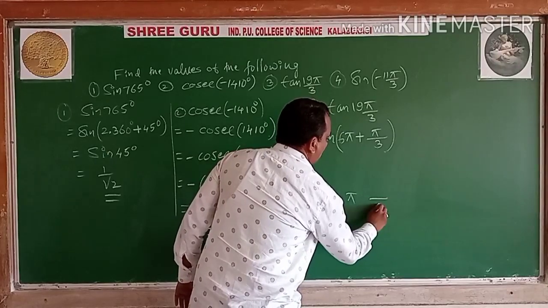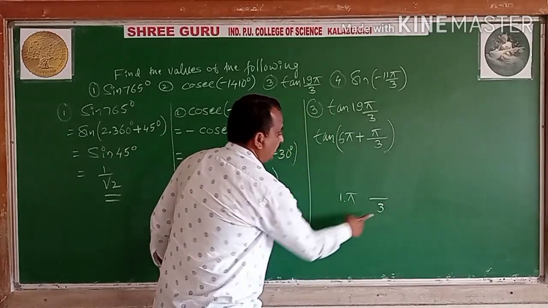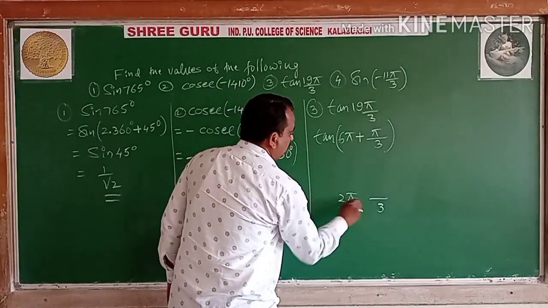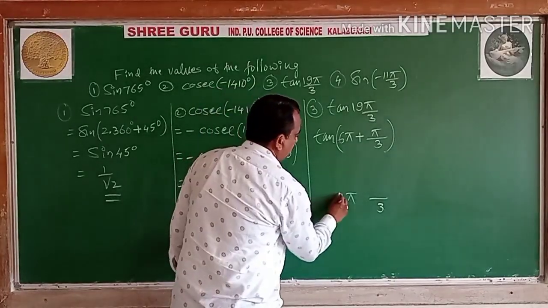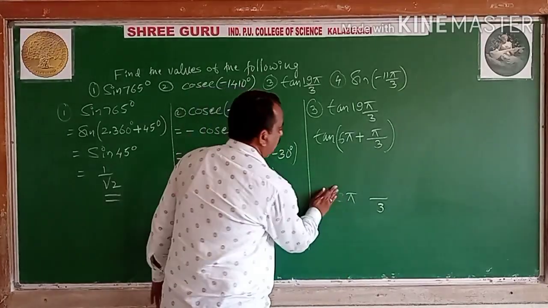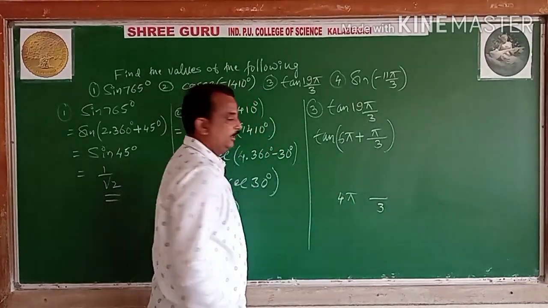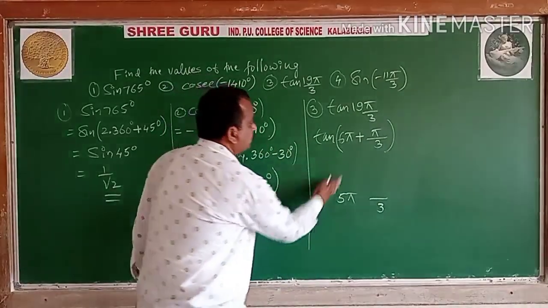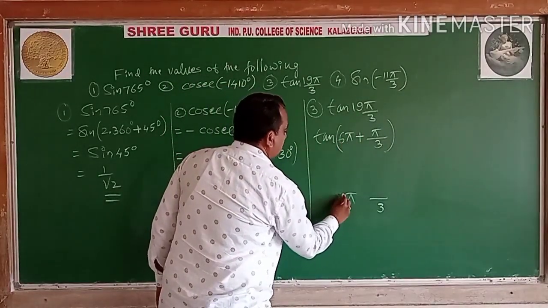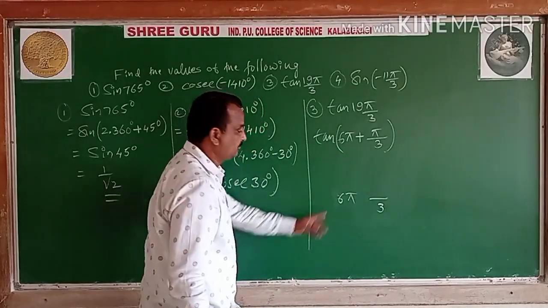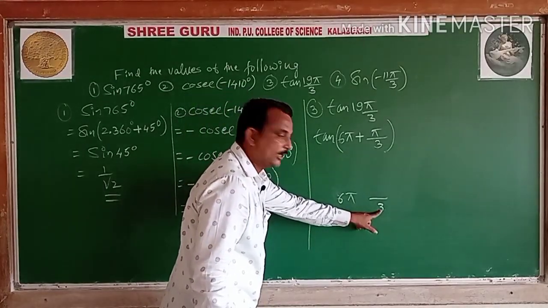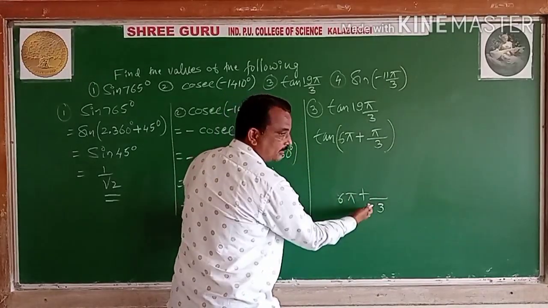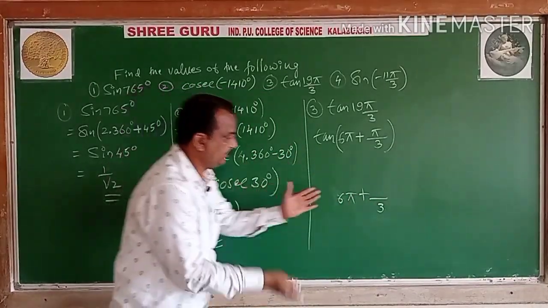This is the denominator you should take. 3 pi is 9 pi, 4 gives 12 pi, 5 into 3 is 15, also not possible. So the nearest is 6 into 3, 18 pi. How much do you want? 19 pi.